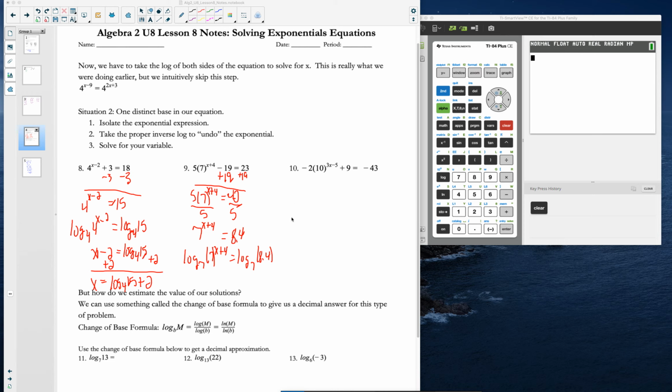Now I'm going to kind of come up here under 10 here and finish the problem because we were going to have x plus 4, and that's going to equal log base 7 of 8.4.